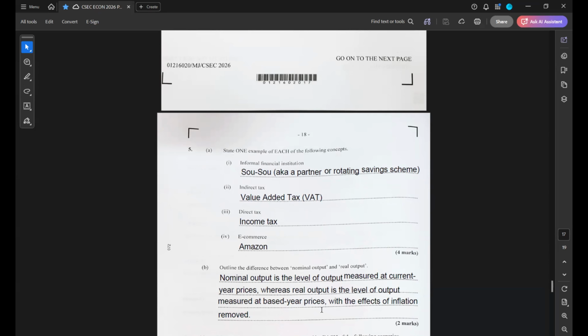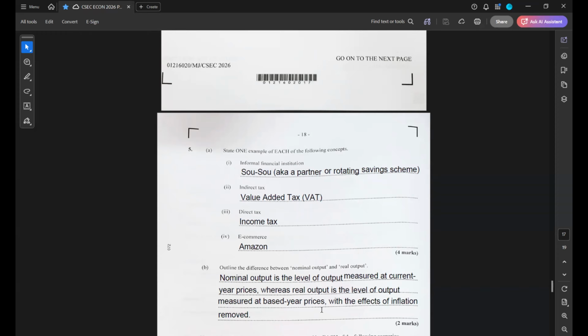Okay, it's kind of like removing the effects of inflation, because if you adjust your output that you are producing by comparing it to your previous year, you are removing the effects that high prices will have on that calculation in a way, you know?